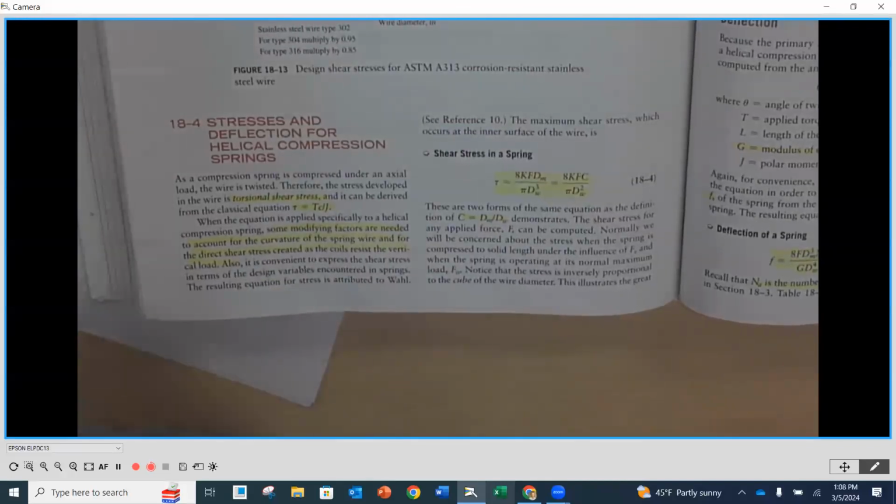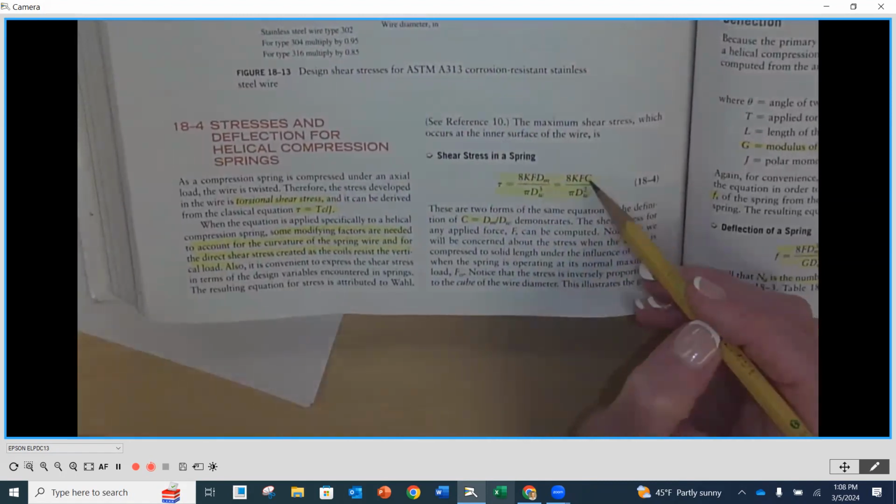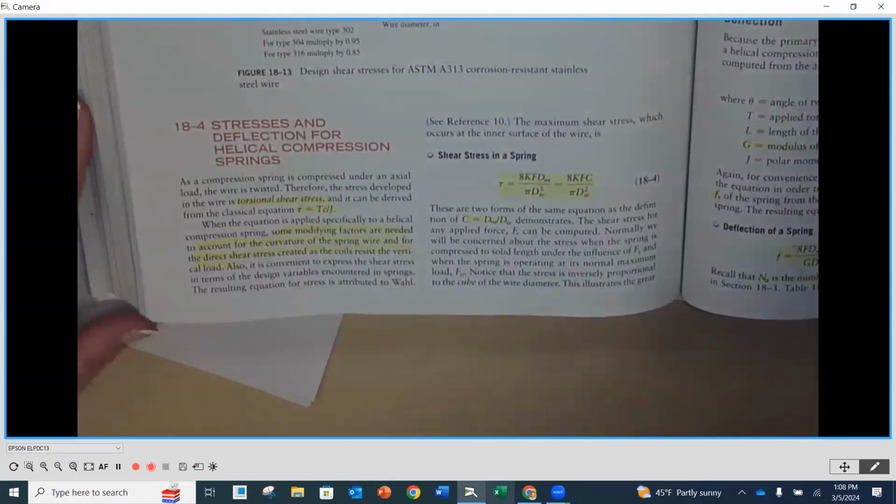So the thicker that wire is in our spring, the lower the torsional shear stress is going to be, which makes sense. Now, the only thing that they changed here was they swapped out for using C in that equation. So it's really the same values, but different variables to get there.